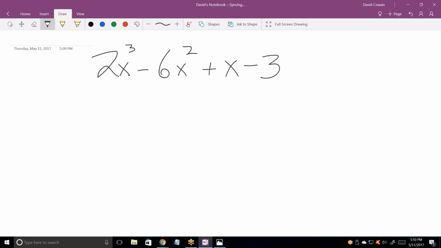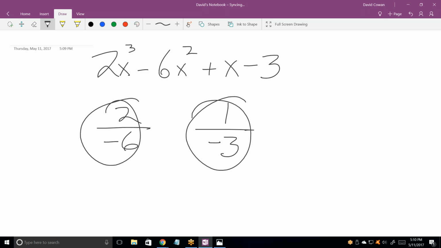The only thing that has to be true is that the coefficient 2 over minus 6 has to be the same as the coefficient 1, the number that's in front of the x, over minus 3. If those two ratios are the same, then it can be solved by grouping.